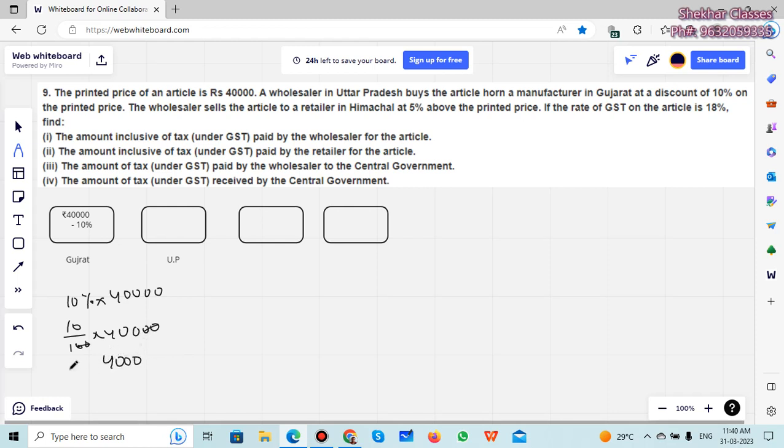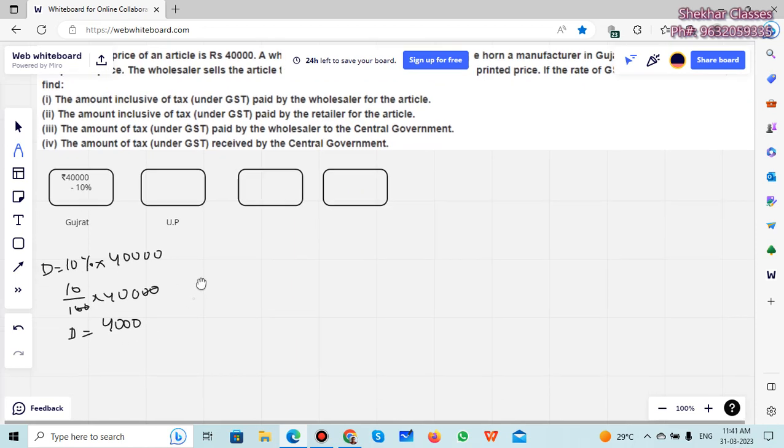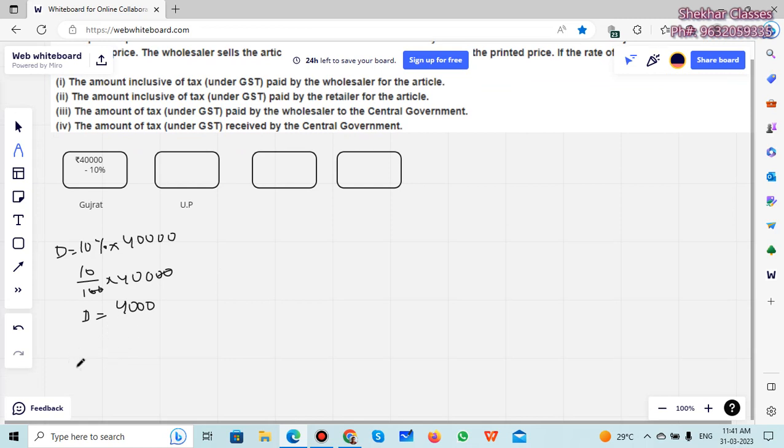So this is the discount, right? That discount has to be subtracted from the mark price. So the selling price here will be 40,000 minus 4,000. How much is that? 36,000.